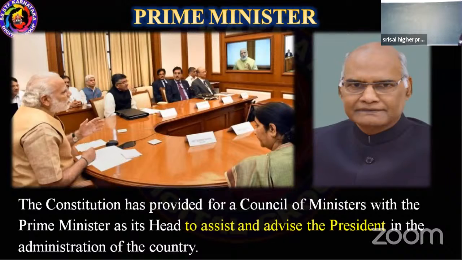When the representatives who are selected by the people select their leader, later on the President will appoint him as the head of the Council of Ministers.